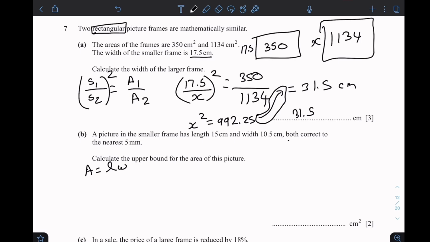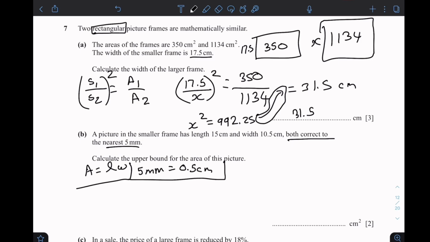But they said both correct to the nearest 5 millimeters. So convert the 5 millimeters to centimeters. We know 1 centimeter is equal to 10 millimeters, so 5 millimeters equals 0.5 centimeters.